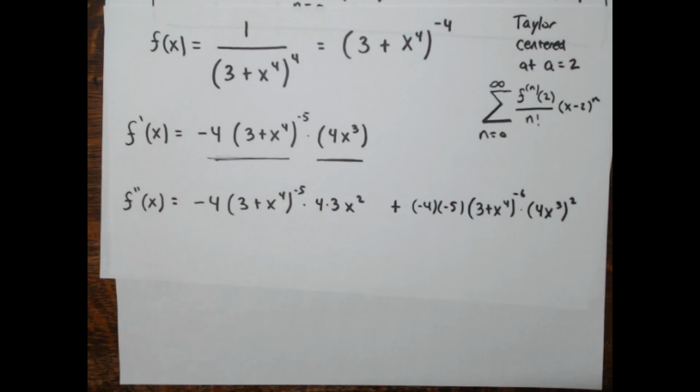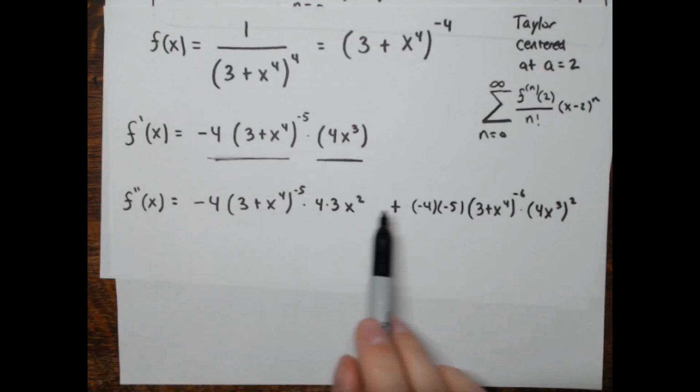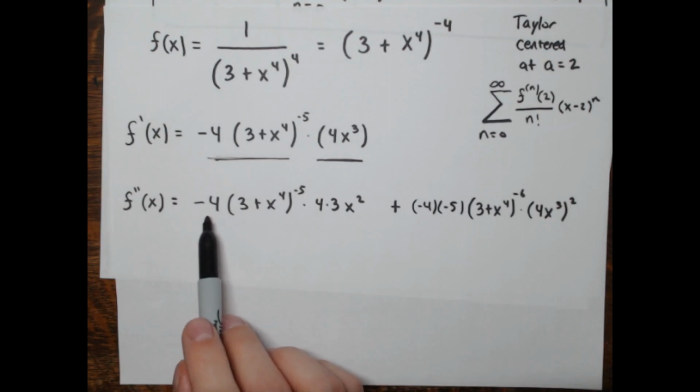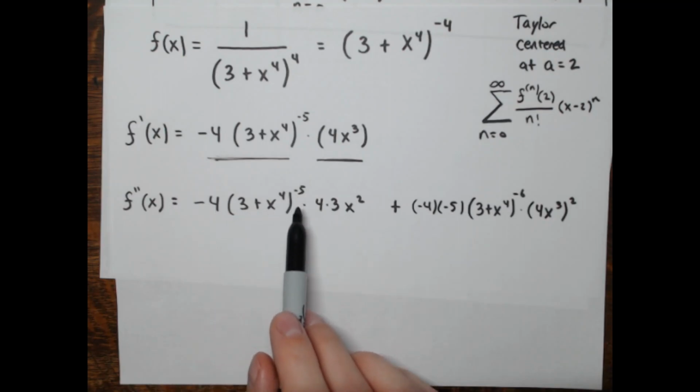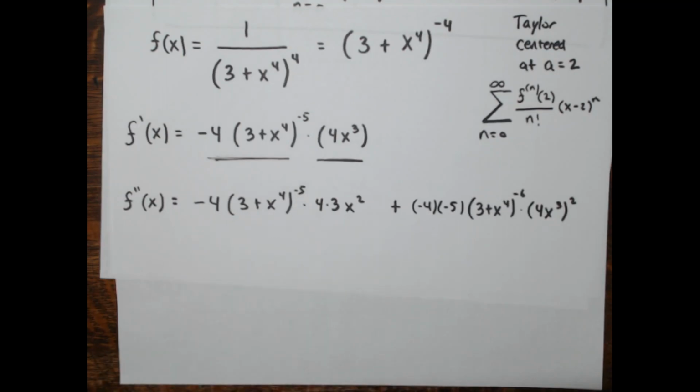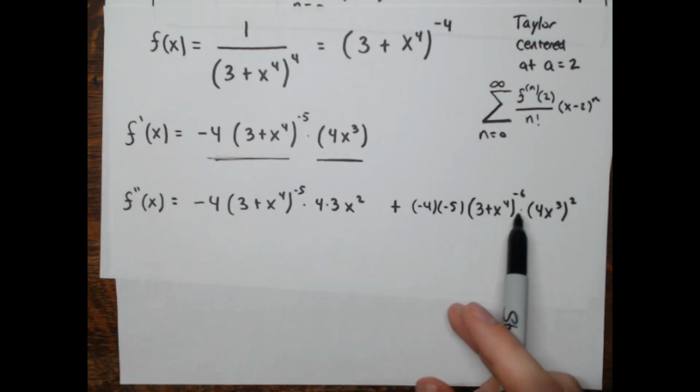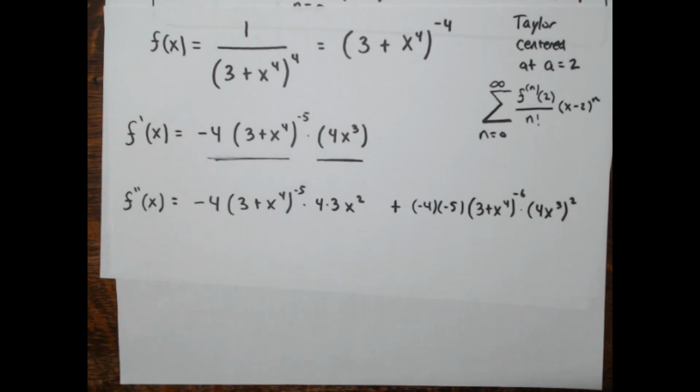Because there is some common stuff I can factor out. Both of these have this -4 times 3 plus x to the -fifth in common. Or actually, I could do -6, the lower power. And they also have 4x cubed.